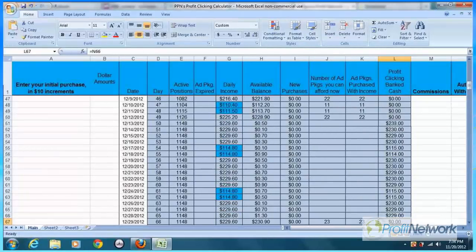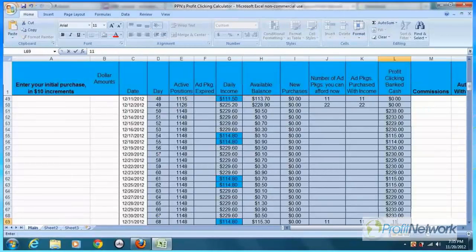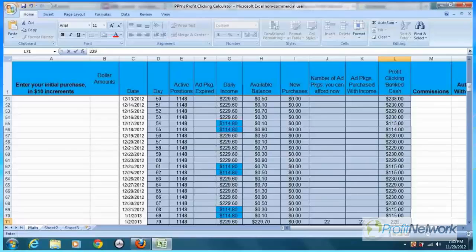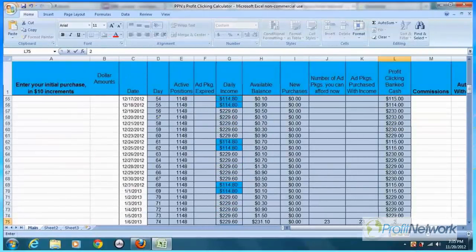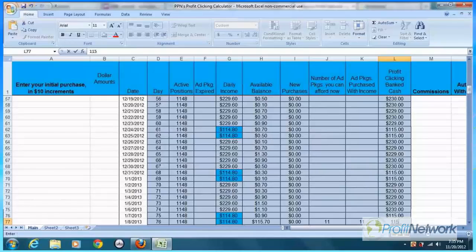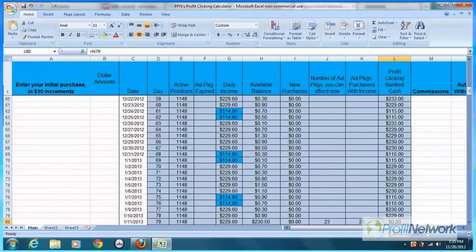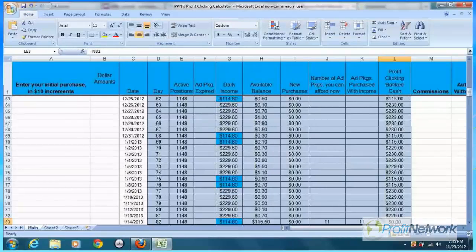It's going to take a little while. Not that long. We're almost there. So instead of repurchasing, I am just going to let this money accumulate in my account. That's basically what I'm doing right here.